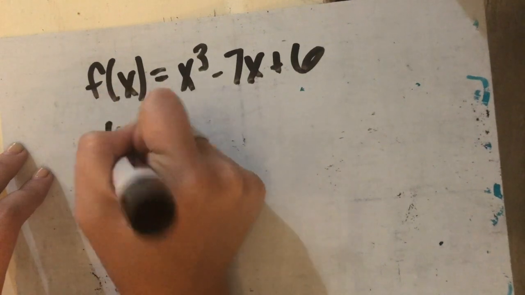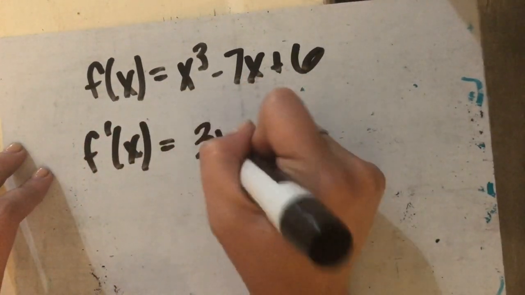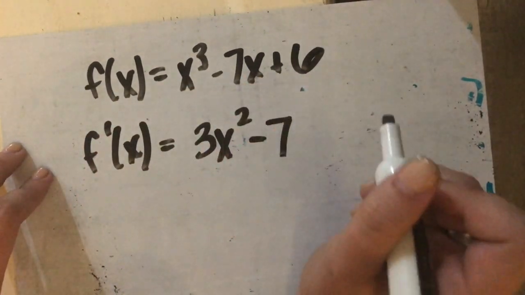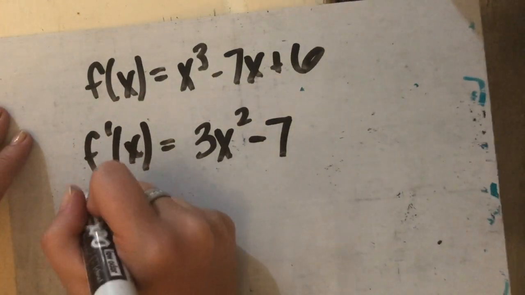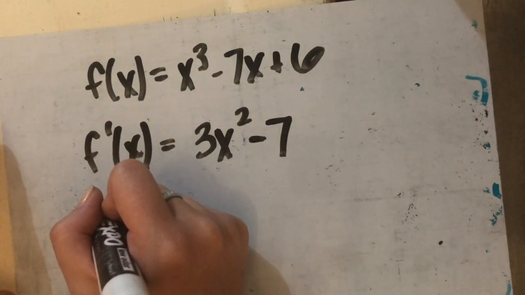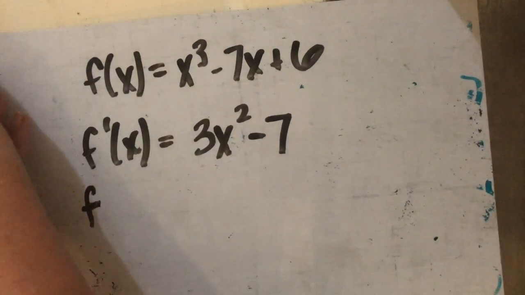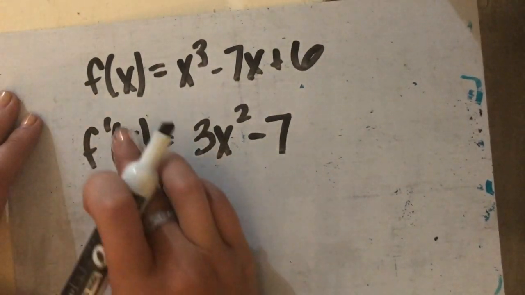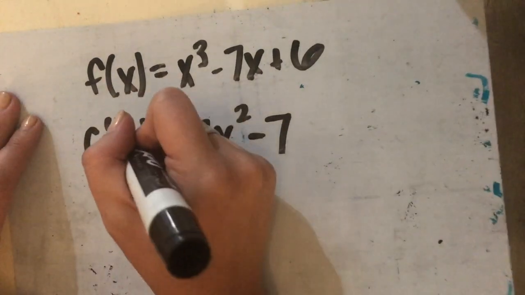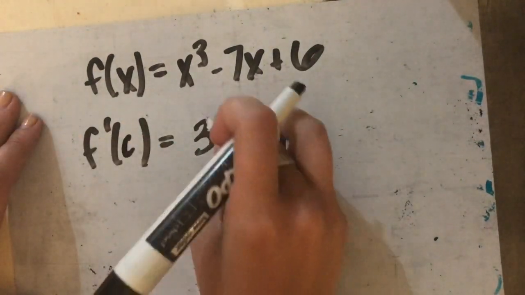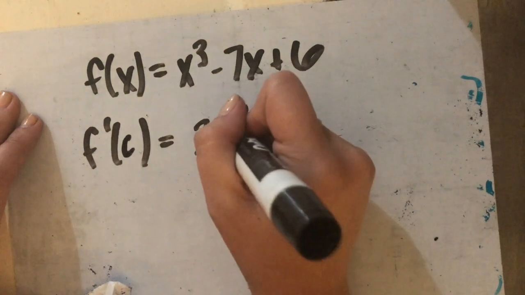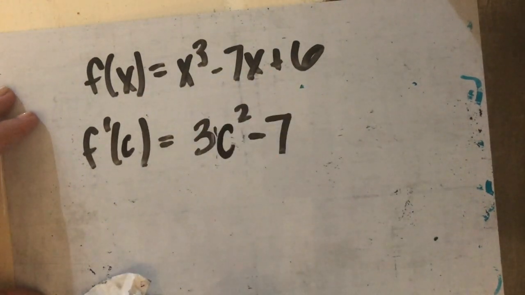So my IROC is 3x squared minus 7, okay? Actually instead of f prime of x, I want f prime of c, because I'm going to try to find c, right? So I have 3c squared minus 7.